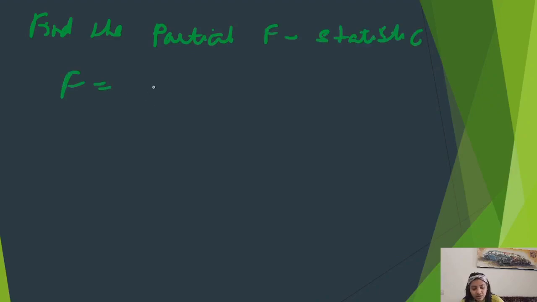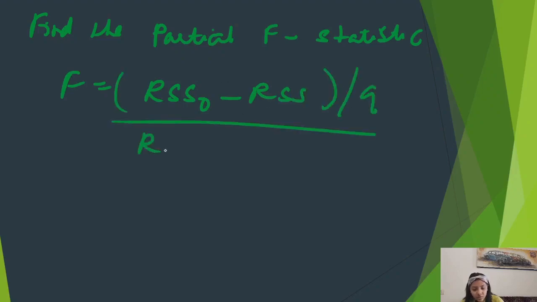So just substitute the value. F is equals to RSS naught minus RSS upon Q, RSS upon N minus P minus 1. So last F statistic के केस में this value is TSS, but partial F test के केस में this is RSS naught, जो है error without those variables.